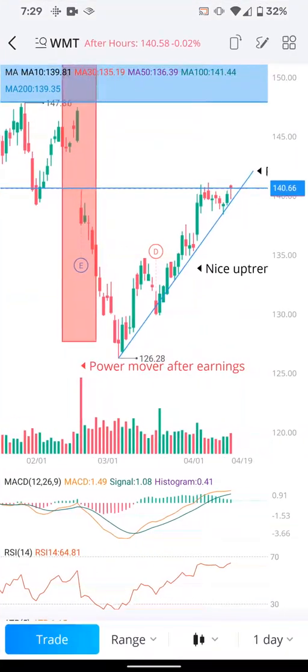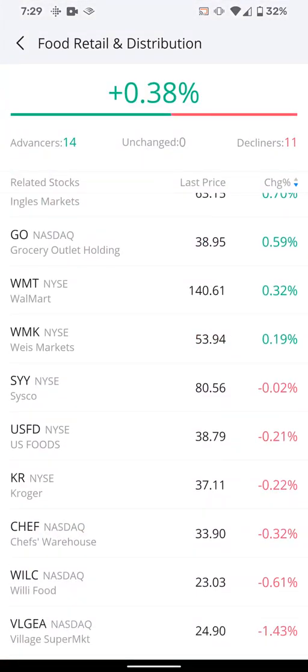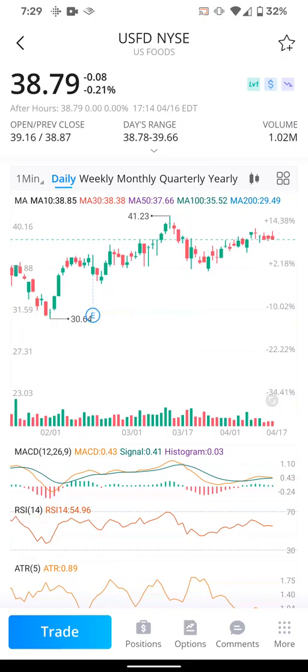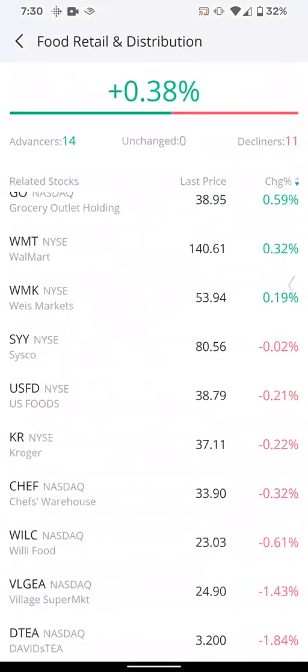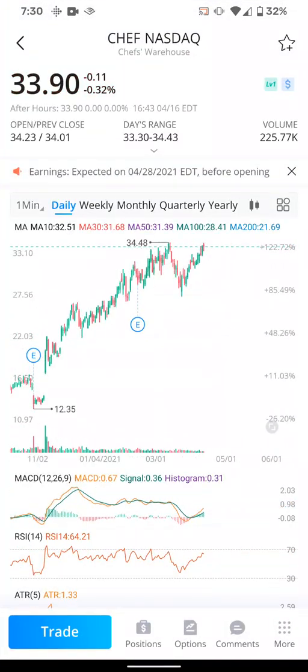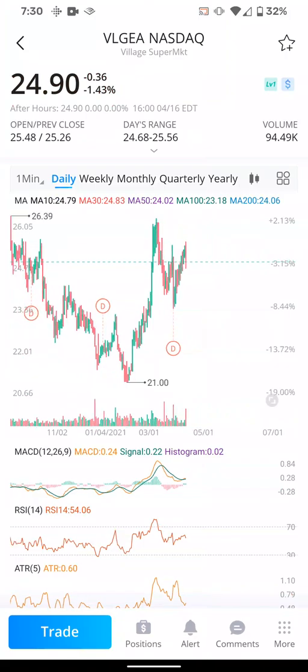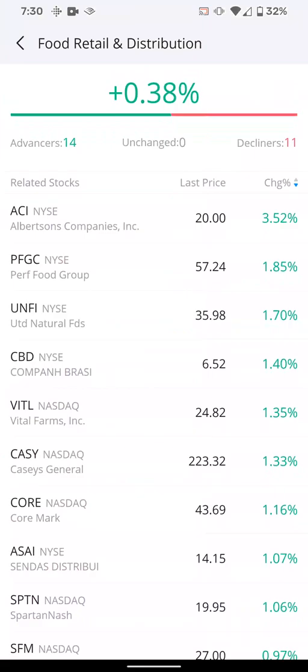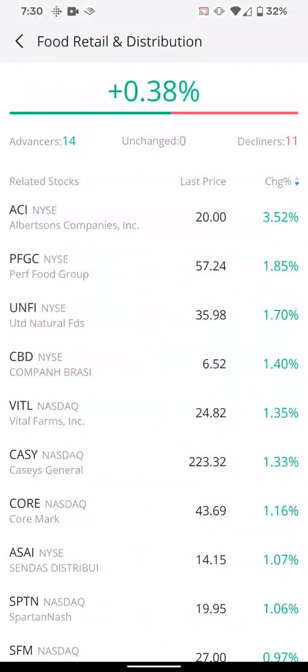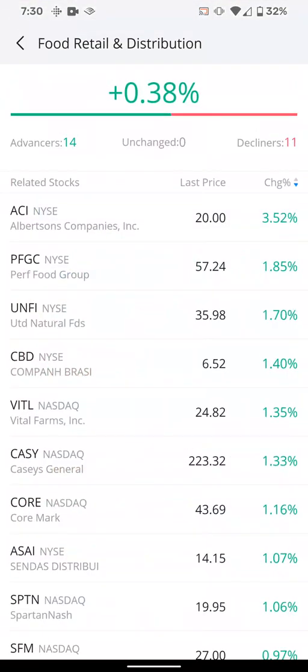So it's good to click on a lot of these stocks and see uptrend, uptrend, uptrend. Almost every single one of these stocks, even the ones in the green, uptrend. So you can see that Walmart is dealing in a retail space, and a lot of these retail stocks are on an uptrend. So that's good. You can see this moving as a unit.